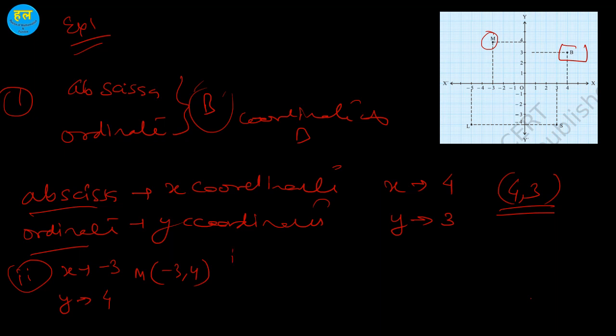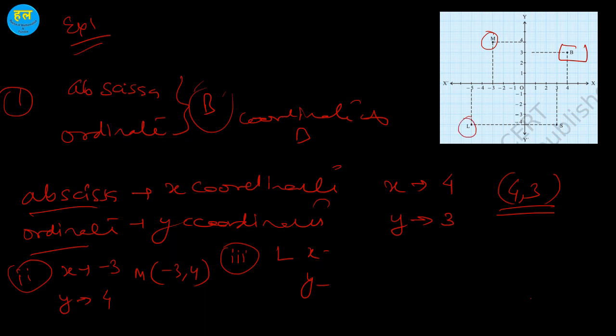Third, the x coordinate and y coordinate of point L and hence the coordinate of L. So again, we have to find the x coordinate and y coordinate of L and the coordinates. Where is L? Here.